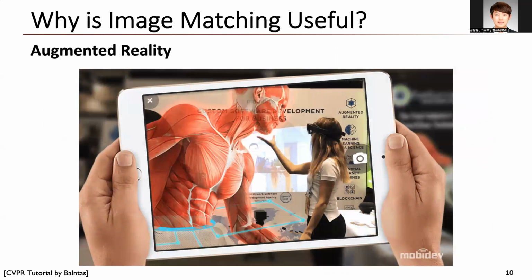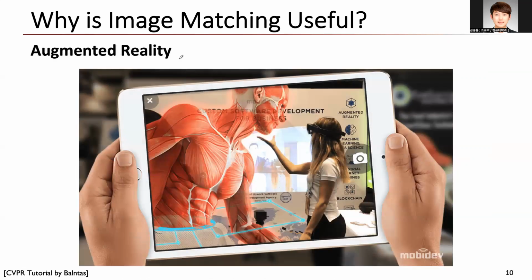What else? Augmented reality or virtual reality. For example, most of you already know Pokemon Go, which is an augmented reality application. In this case, we have to find the correspondences between the real scene, which is going to be the images, and the virtual 3D world.